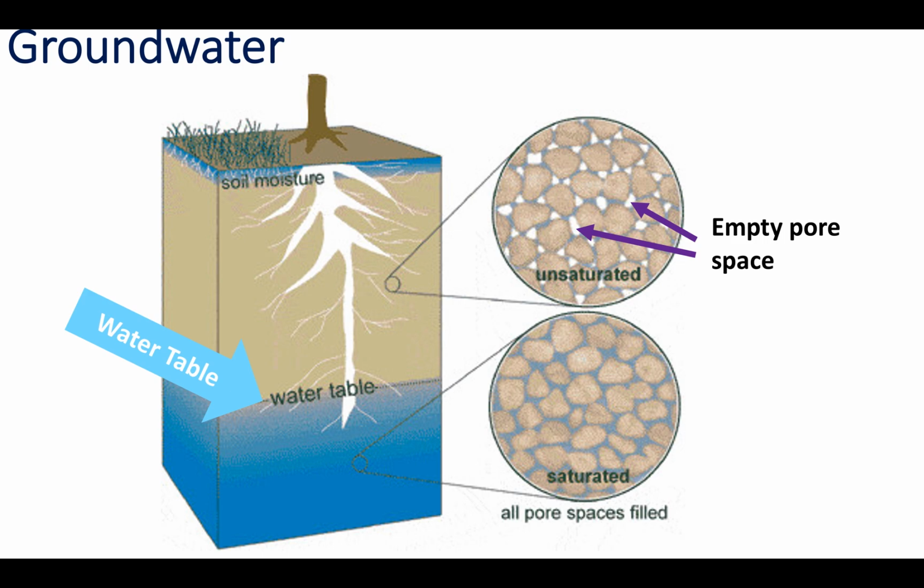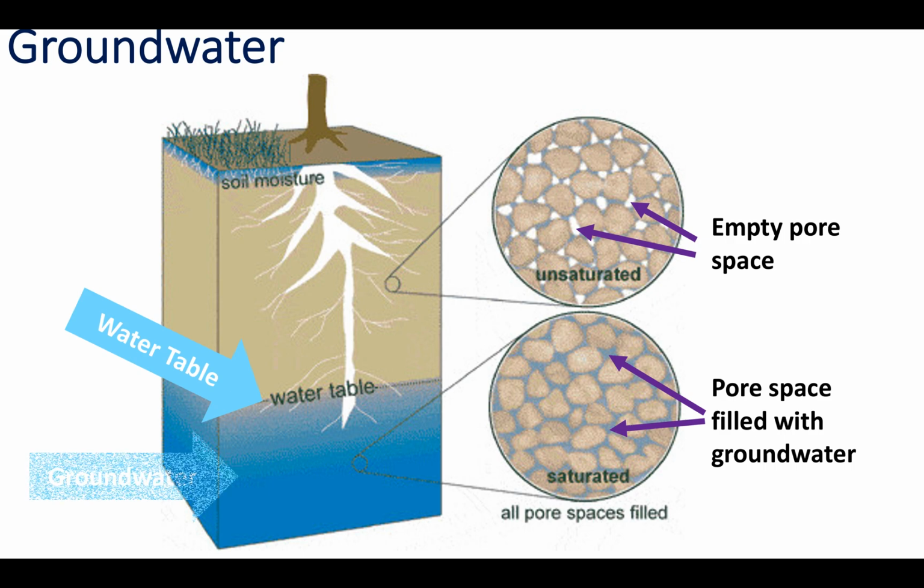Pore space is the blank space that is between soil particles beneath the ground, and you can see that since it is unsaturated, there's no water between those pore spaces. Below the water table, however, you have saturated soil because those pore spaces are filled with your groundwater.